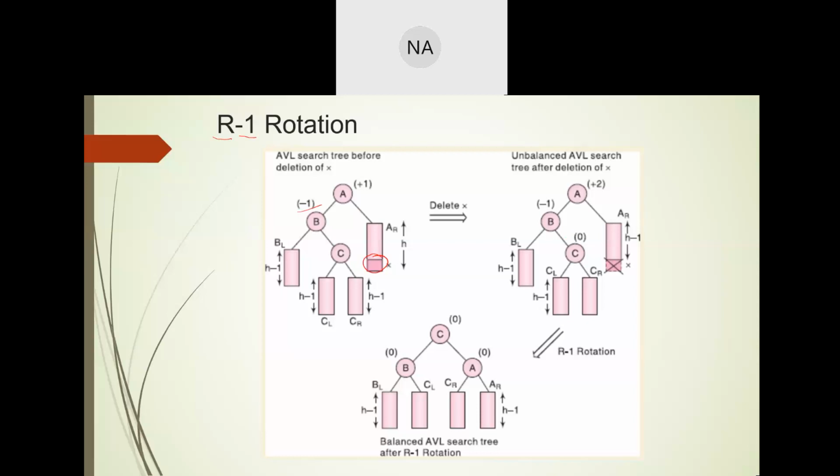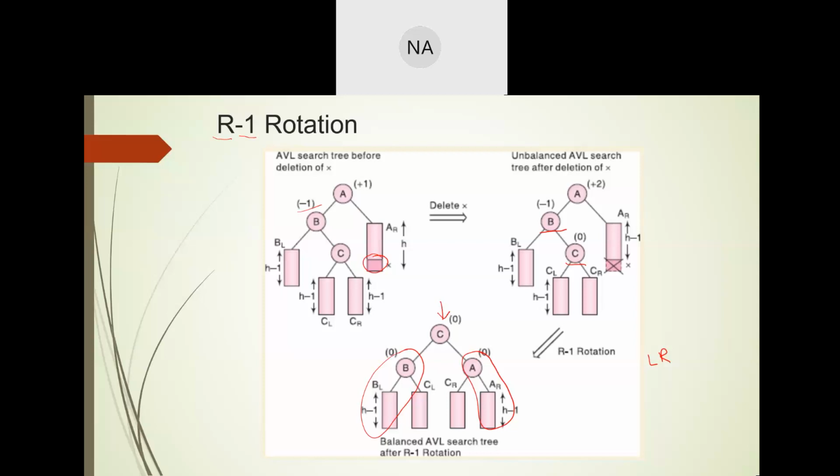B is the root of the left subtree of A, and C is the root of the right subtree of node B. Node C is made the root, B is made the left child of C, and A is made the right child of C. So it is not equal to LL rotation. In fact, it is similar to the LR rotation. BL will remain the left child of B, and AR will remain the right subtree of A.